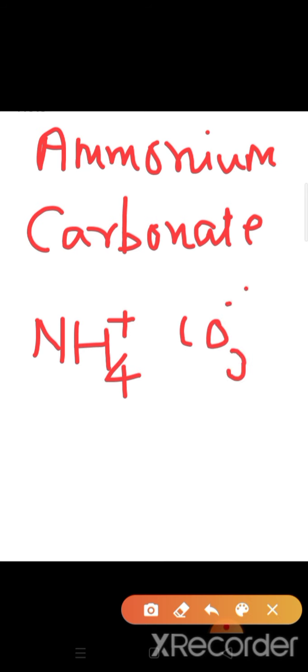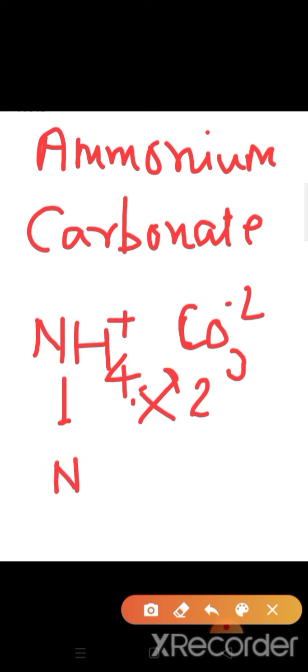Carbonate is CO3 minus 2. The valency of ammonium is 1 and the valency of carbonate is 2. Valencies are cross transferred. The formula becomes (NH4)2CO3. The formula of ammonium carbonate is (NH4)2CO3.